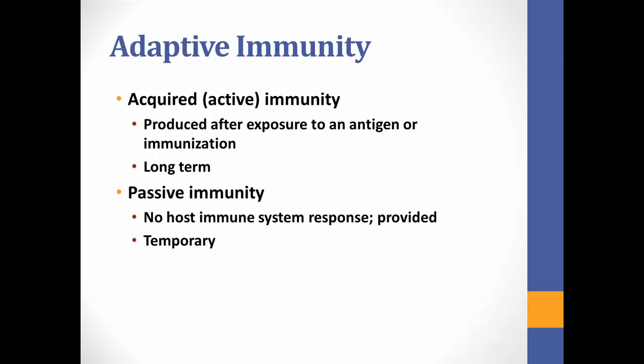So they're given antibody, but they didn't have to produce antibody to the hepatitis. They were given the IgG. Passive immunity is also what infants depend on for their first 6 months of life, having passive immunity from their mother.